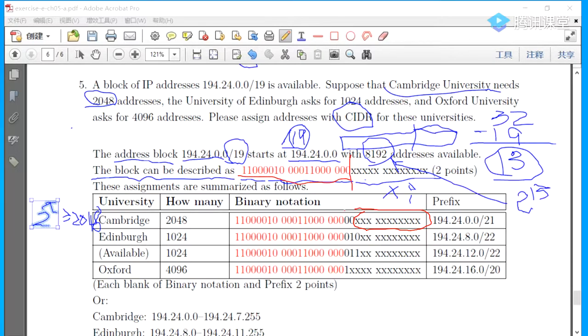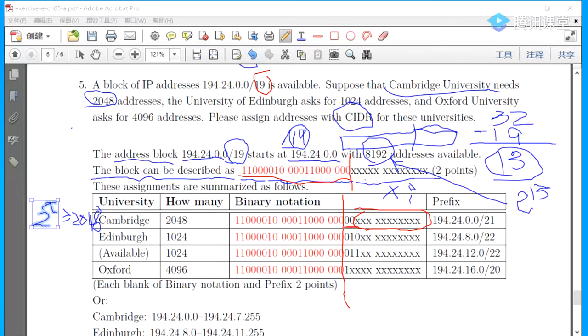So the original address block has 19 fixed bits, so now there are 11 bits in the host portion.